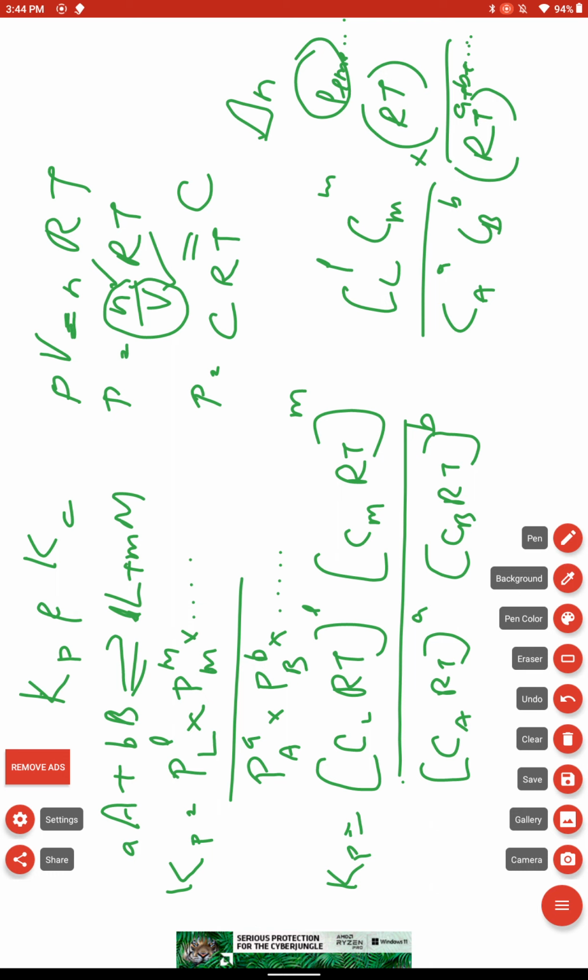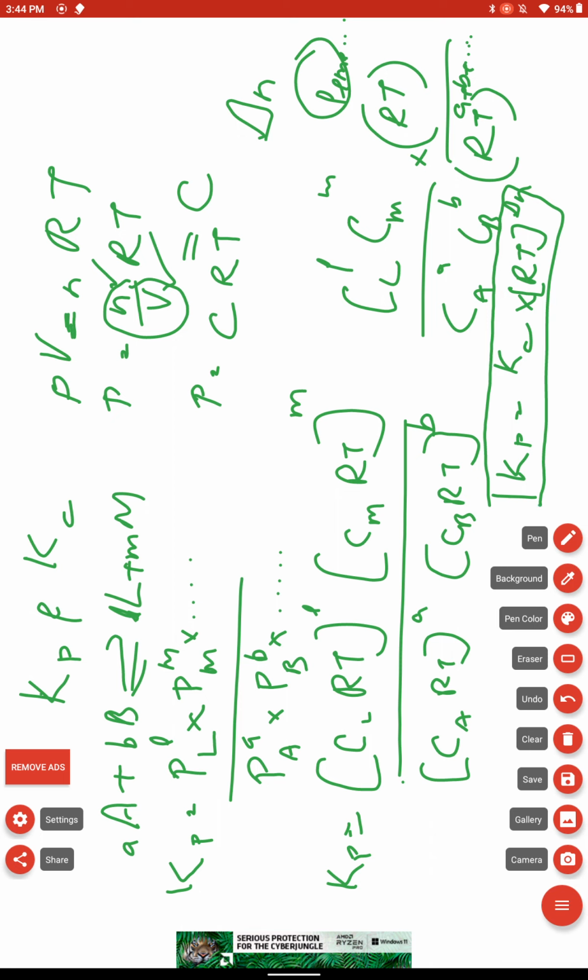So finally equation എന്തായിട്ട് വരും? Kp is equal to Kc, അല്ലേ? CL CM, Kc into RT അവിടെ ഉണ്ടല്ലോ, RT the whole to the power delta N, change in number of moles. അപ്പോൾ ഈ equation that connects Kp and Kc, Kp is equal to Kc into RT raised to delta N. അപ്പോൾ delta N എന്ന് പറയുന്നത് എന്താണ്?